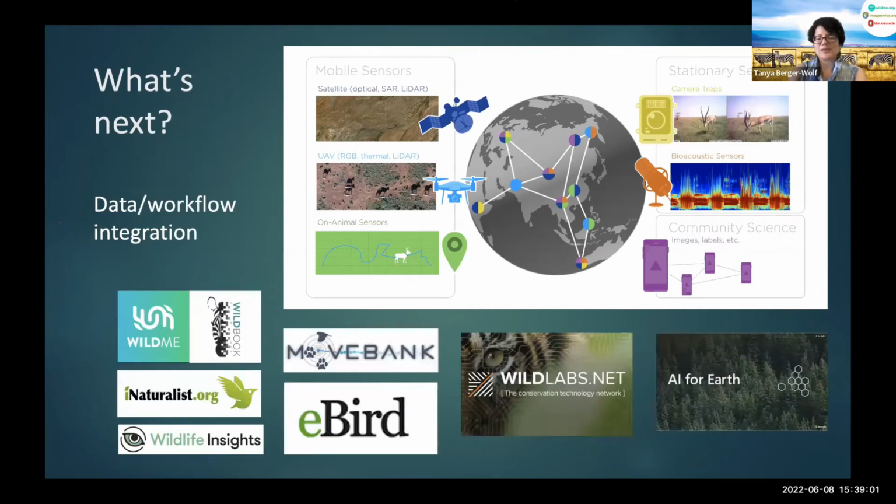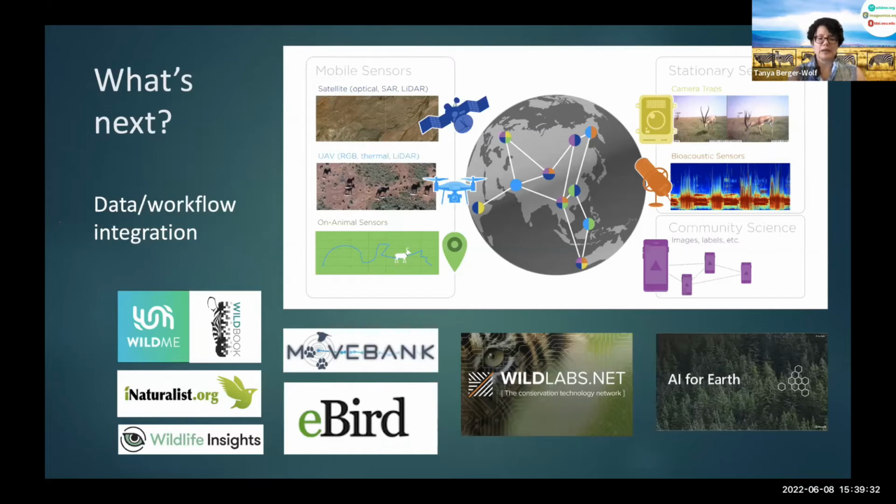All these platforms that are being developed are also relatively siloed, bespoke and specialized, whether they specialize in a set of species like eBird, or the type of data like MoveBank, or the type of analysis like WildBook, which specializes in individual ID, or the type of community like iNaturalist. So we need to start integrating, and we're starting the work.